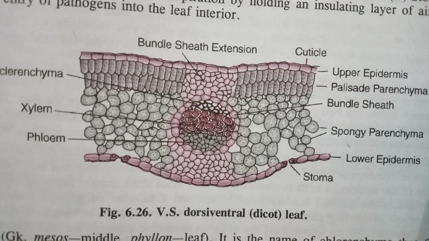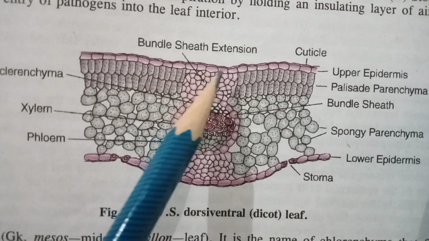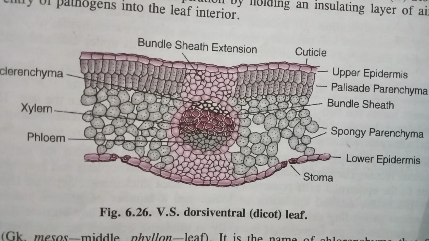So the first region is the upper epidermis. As you can see, this is the upper epidermis. This epidermis, as we have studied earlier, it is the outer covering, okay, which consist of uniseriate cells. The cells are compactly arranged and here no intercellular spaces are present.